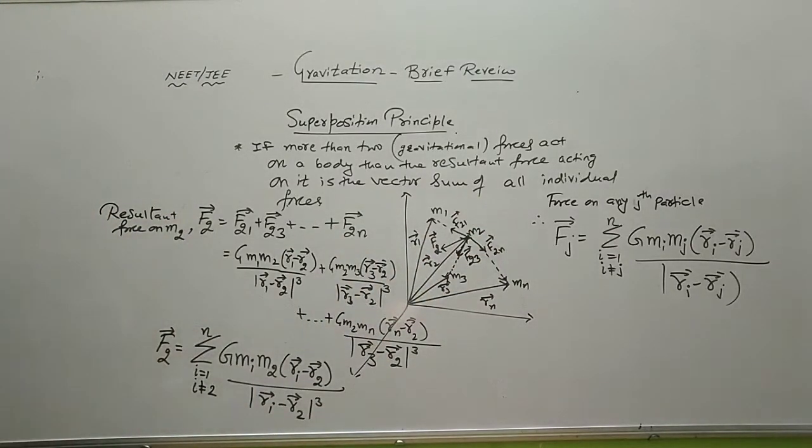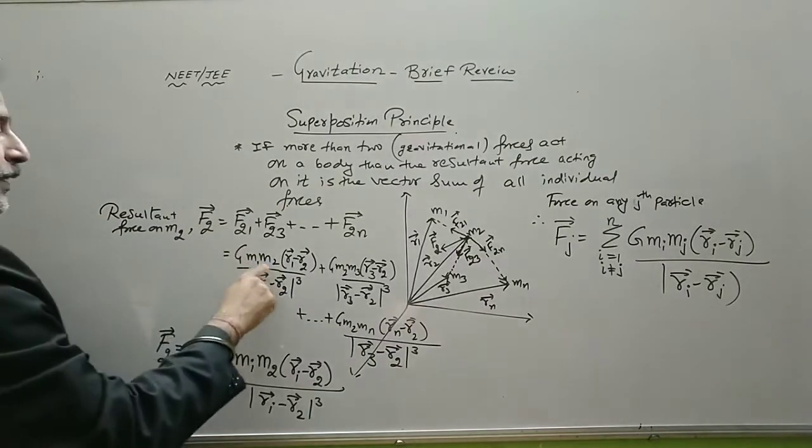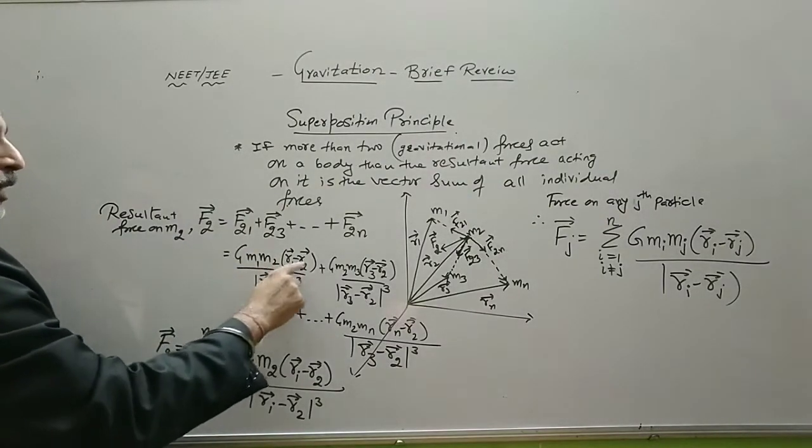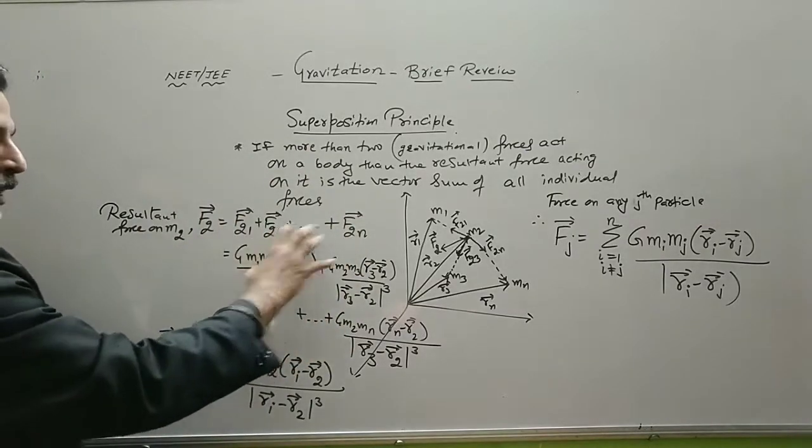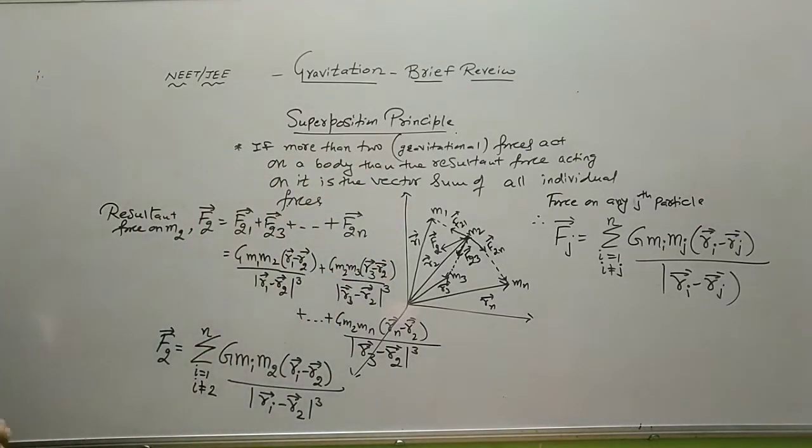Now we apply the law of gravitation. F21 is written as G M1 M2 (R1 minus R2) upon the cube of the magnitude of R1 minus R2. You note down this. We have already discussed this in the previous topic. This is the law of gravitation in vector form.